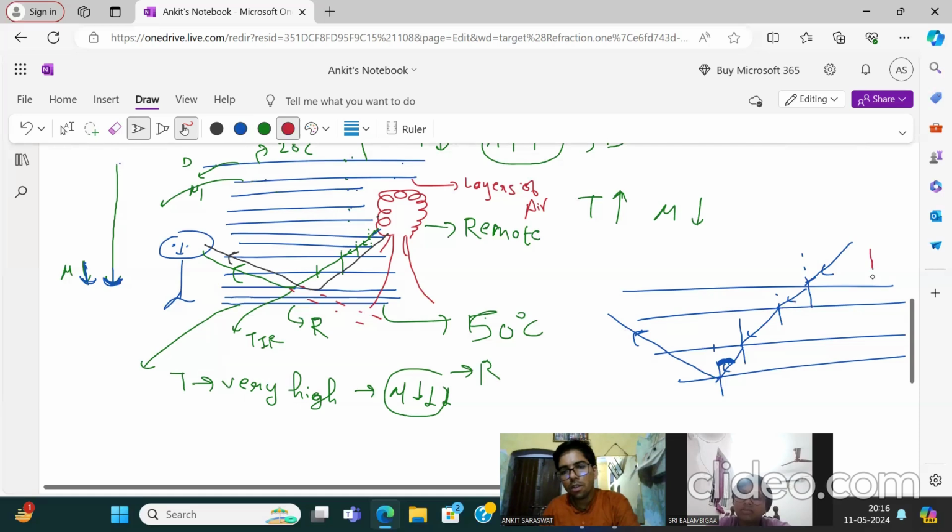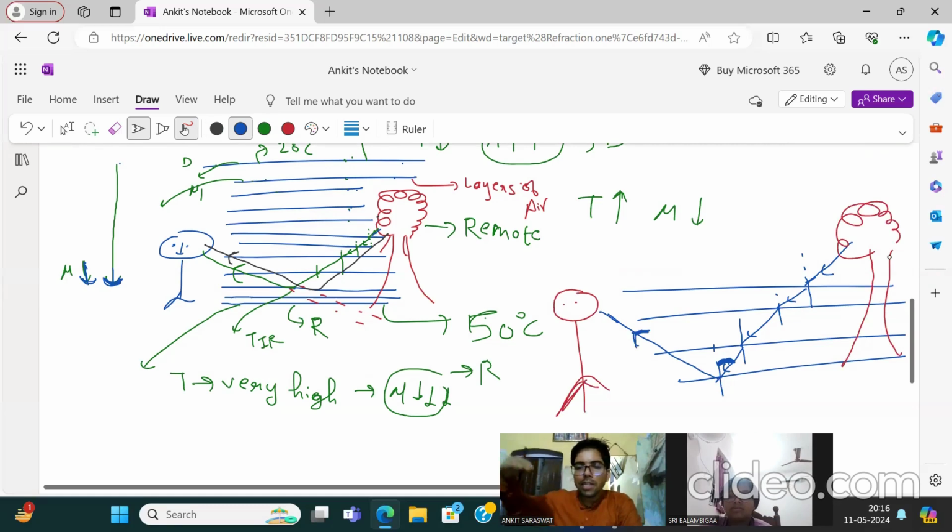These rays are coming from the tree. I am showing only one. Here some person is standing, and these rays enter the eye of this person. There will be many rays from this tree entering the eye.